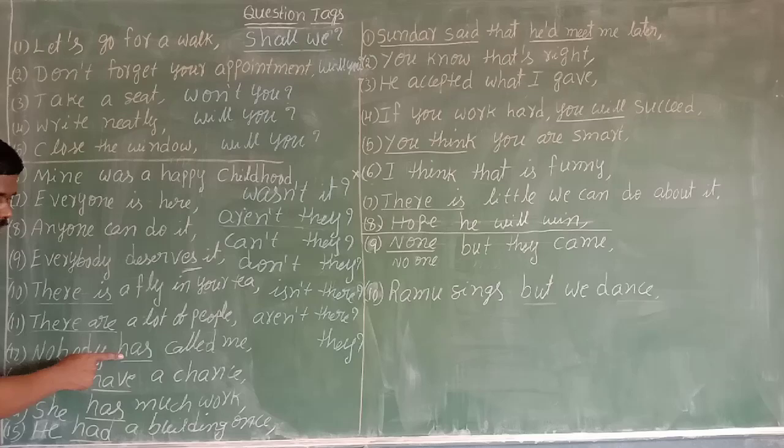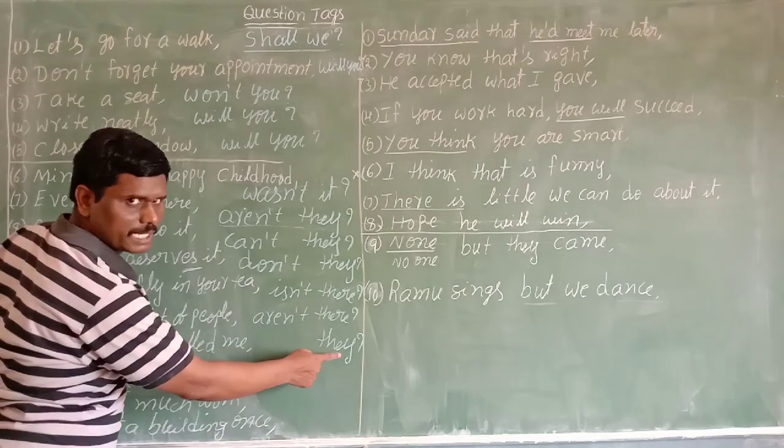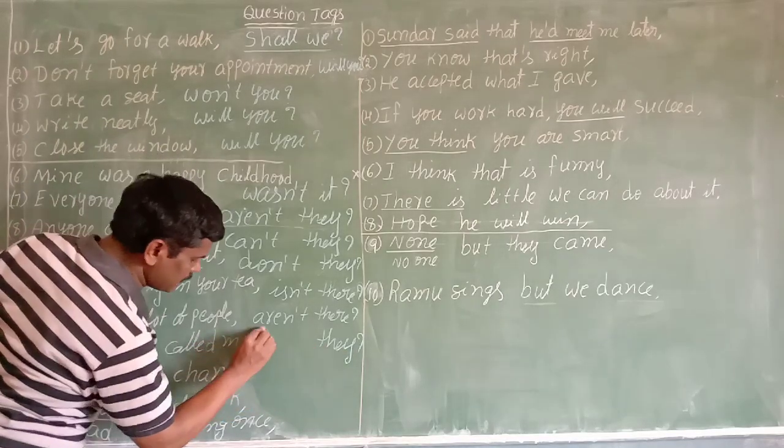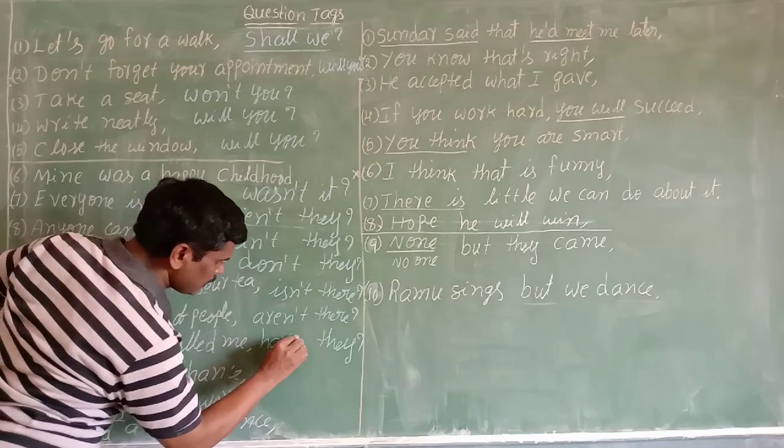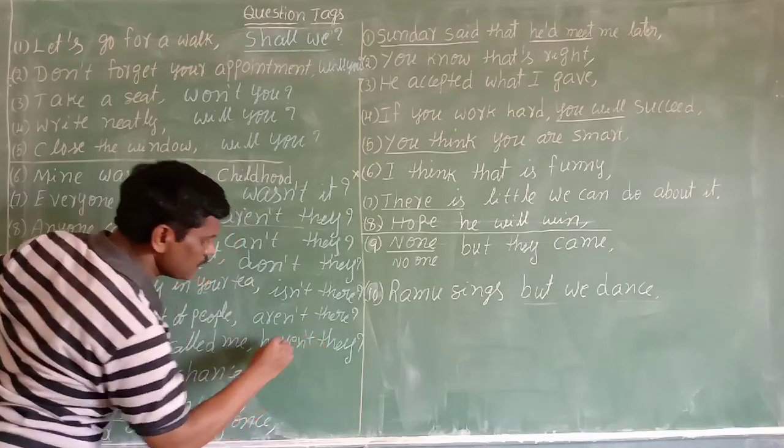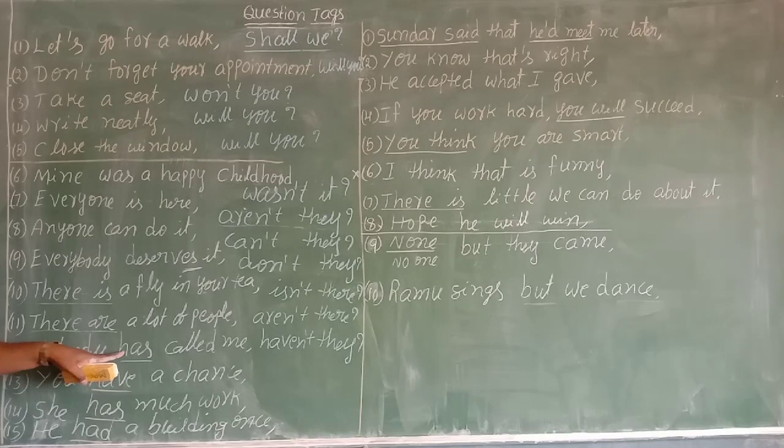So here "has" is given, but here the pronoun we have written is "they". So the correct answer is "haven't". Friends, only higher level competitive examinations, these are important, not for ordinary students. These are meant only for higher advanced learners.